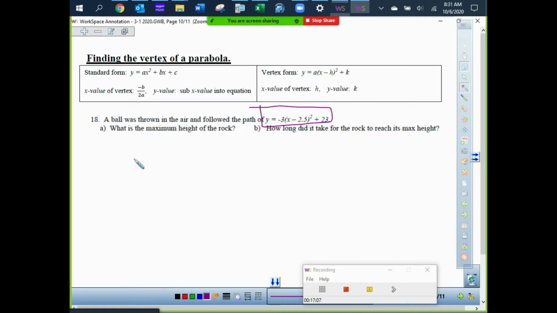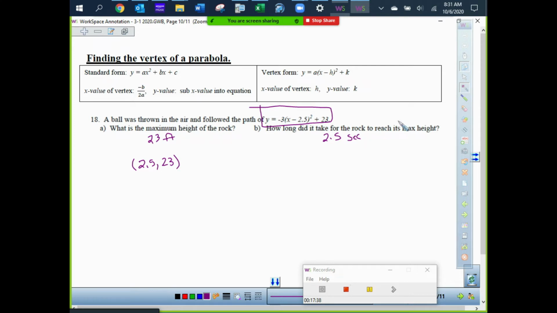What is the vertex at? 2.5, 23, right? h, k in that case. What is the maximum height of this rock? 23 feet. How long did that take? 2.5 seconds. Like I said, not a bad day at all.